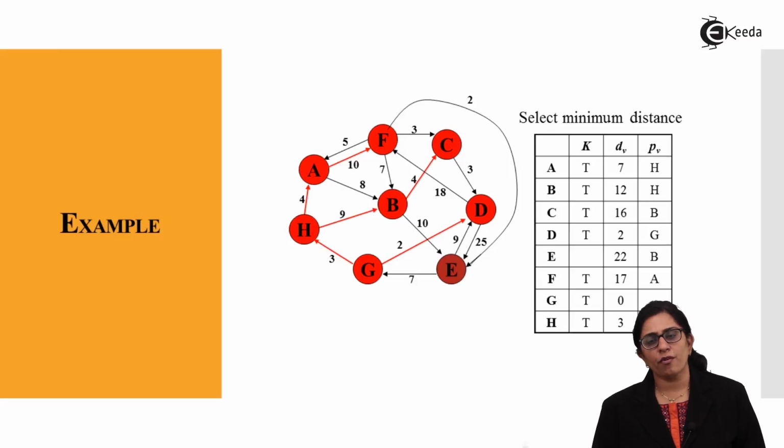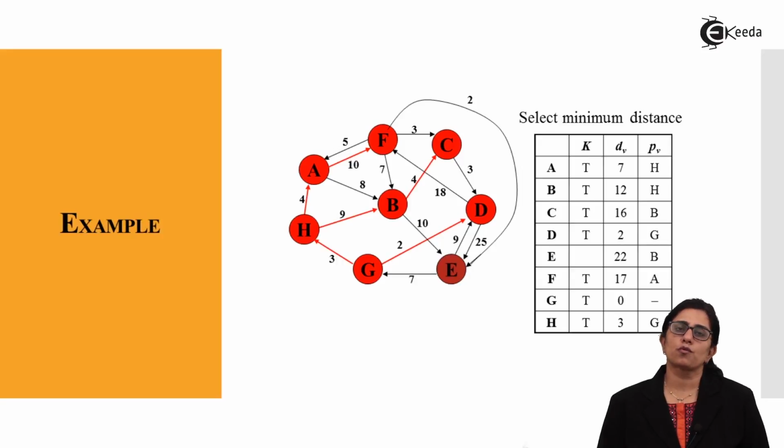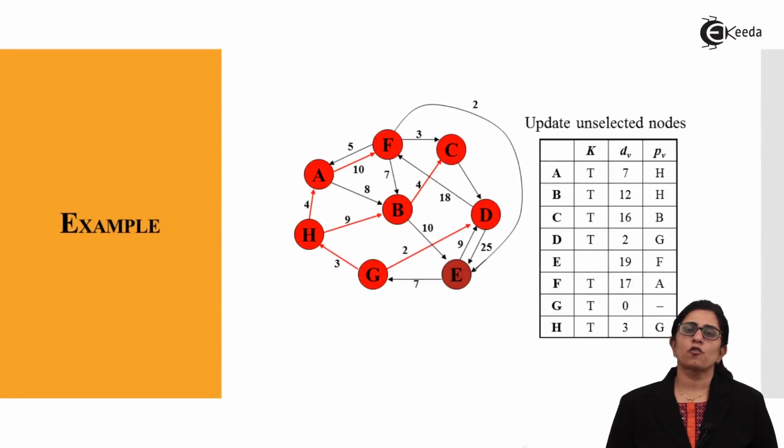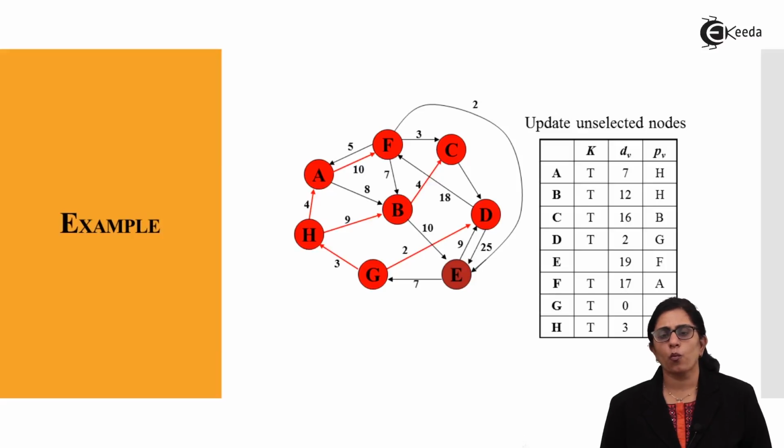Now from F, when I reach E, it is 17 plus 2. That makes it 19. So we replace the node to reach E: it is from the previous node F with a value of 19. So the distance of E has been recalculated, and any unselected node is updated again and again.